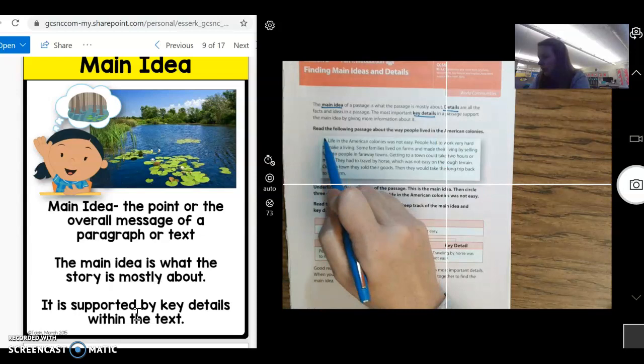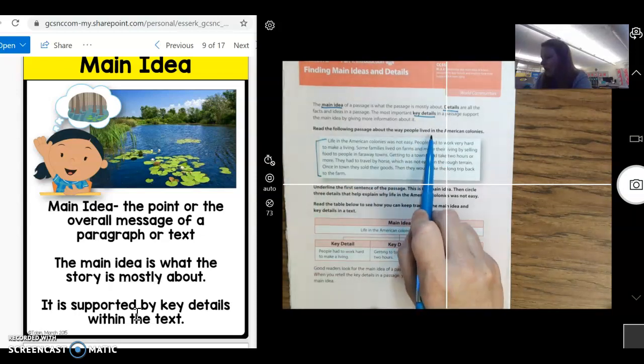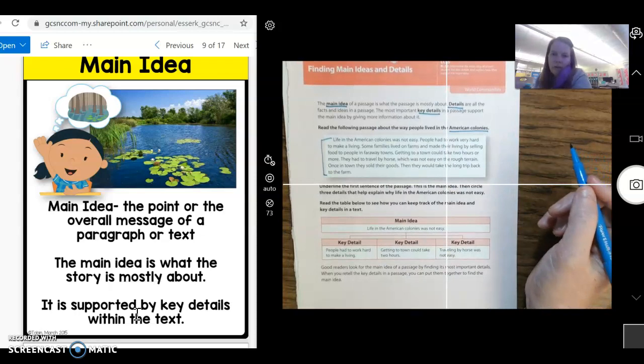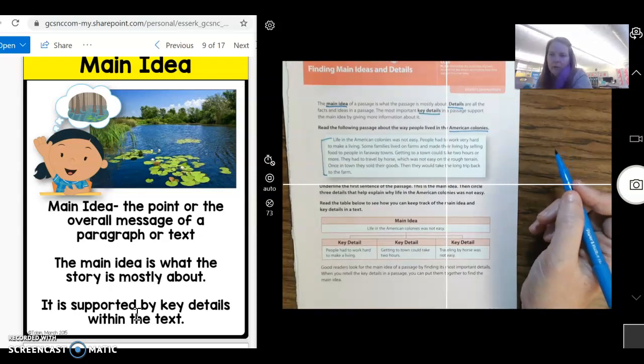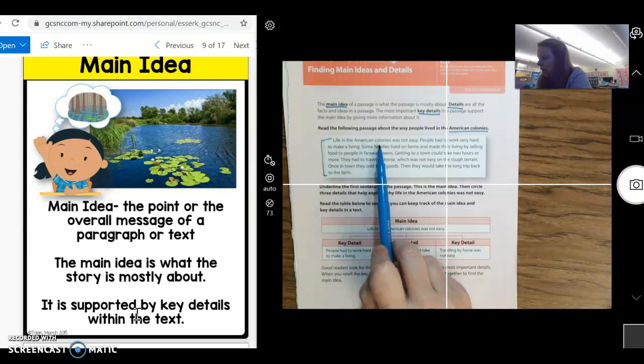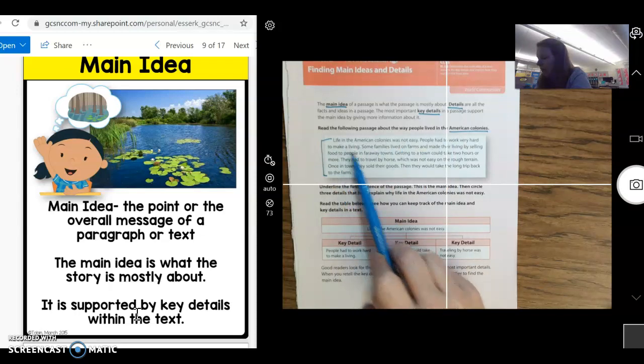Okay, so we're going to read this passage right here. It says, read the following passage about the way people lived in American colonies. If you don't know anything about American colonies, this was a long time ago, way before you were born and even your grandparents were born. Life in the American colonies was not easy. People had to work very hard to make a living.